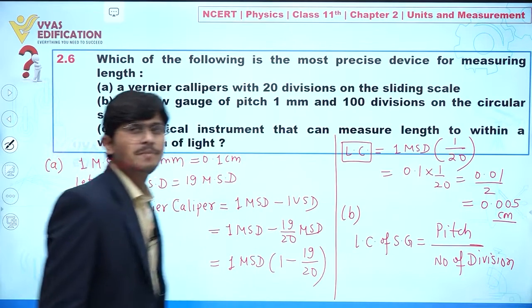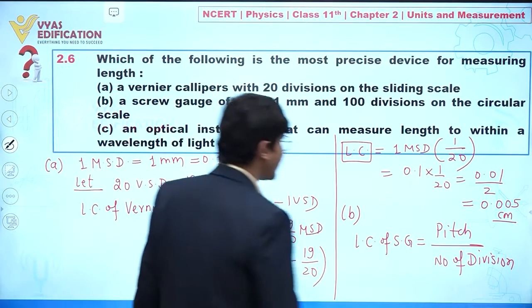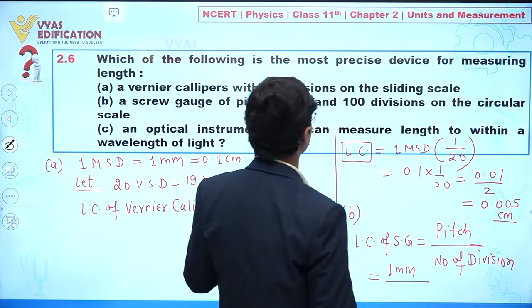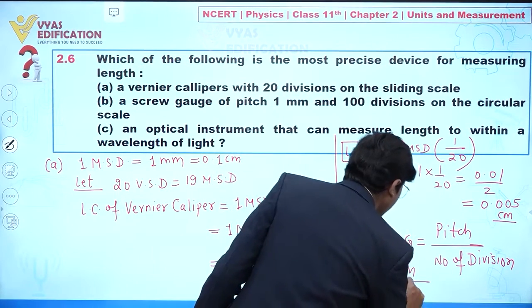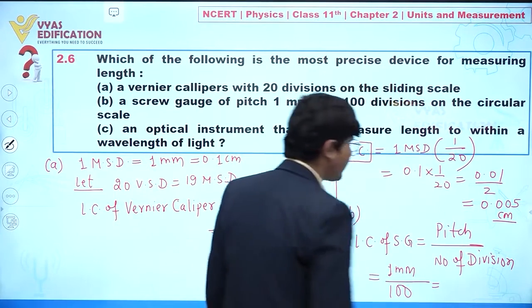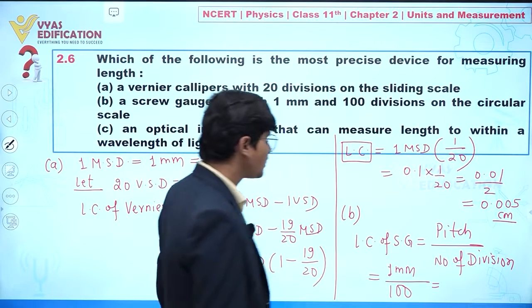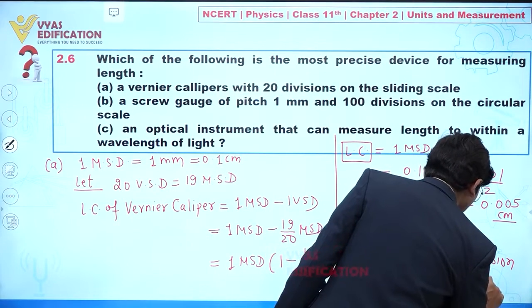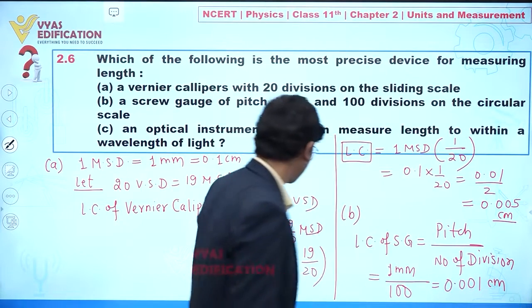So 1 mm divided by 100. Since 1 mm is 0.1 centimeter, this gives 0.001 centimeter. Clear to everyone?